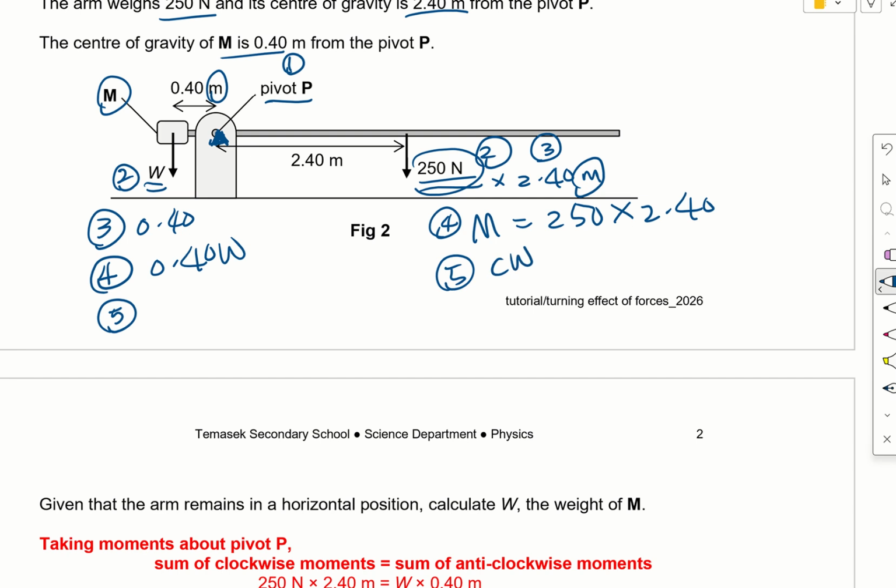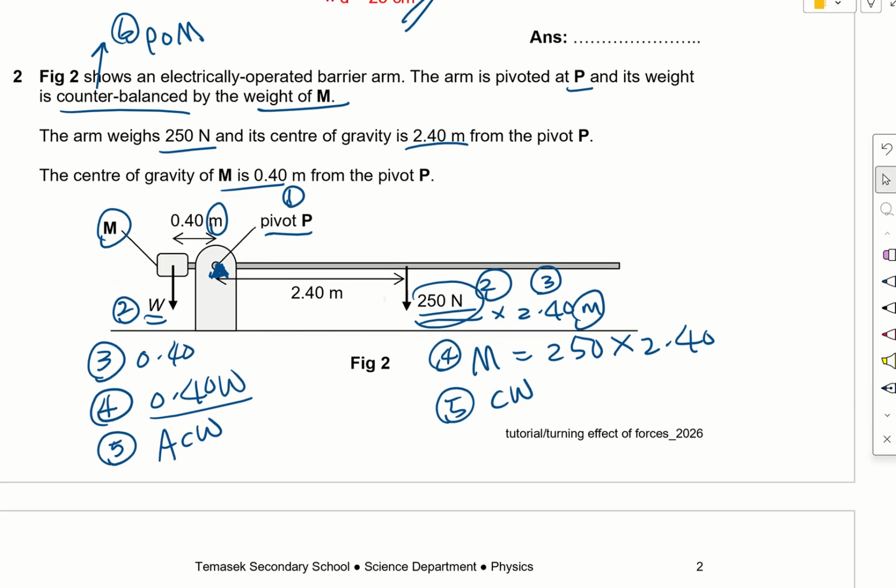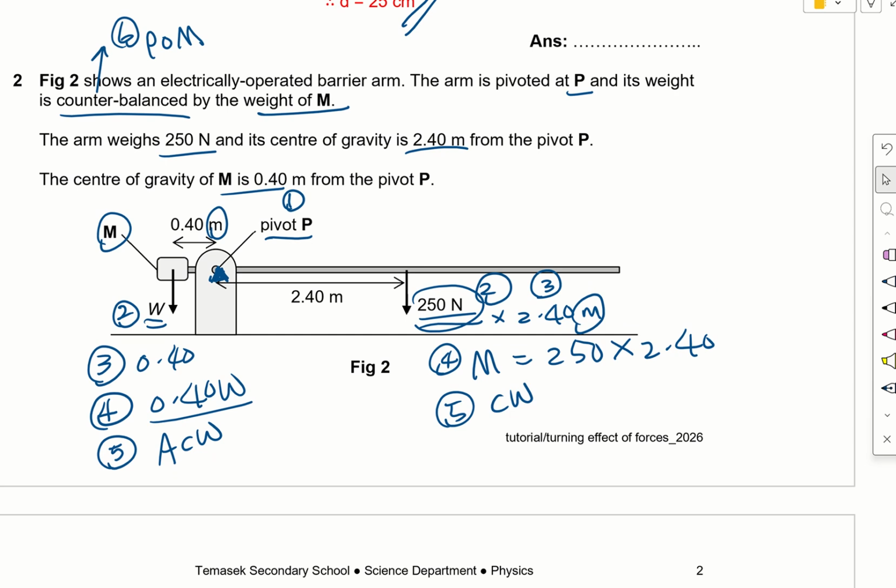For this 0.40 W moment, the force is acting on the left hand side of the pivot. So if you hold the pen slightly on the left hand side, and you apply a force W downwards on the left hand side of the pivot, you will get an anti-clockwise direction. And the question already tells us that it is in equilibrium, counterbalanced, so it means balanced.